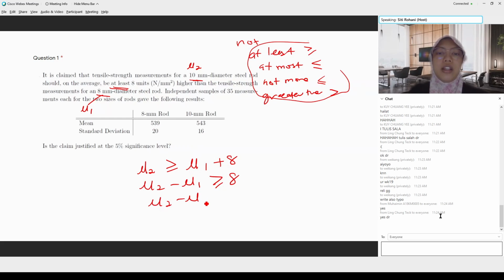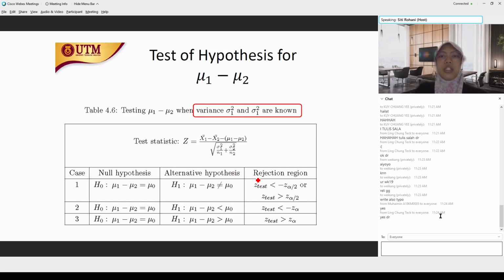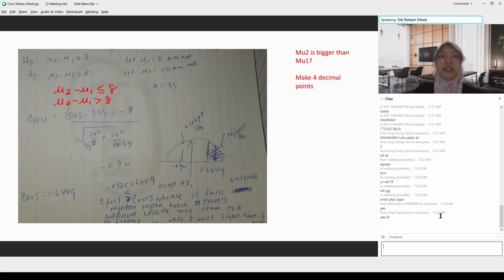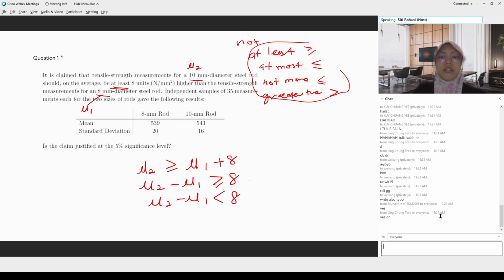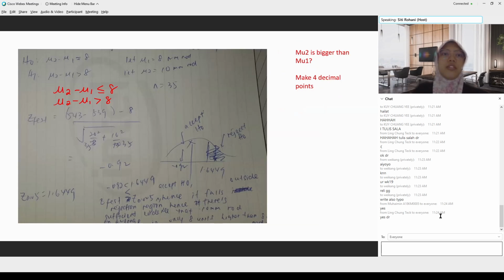Automatically, the second row would be less than 8. Please be careful while doing these symbols.